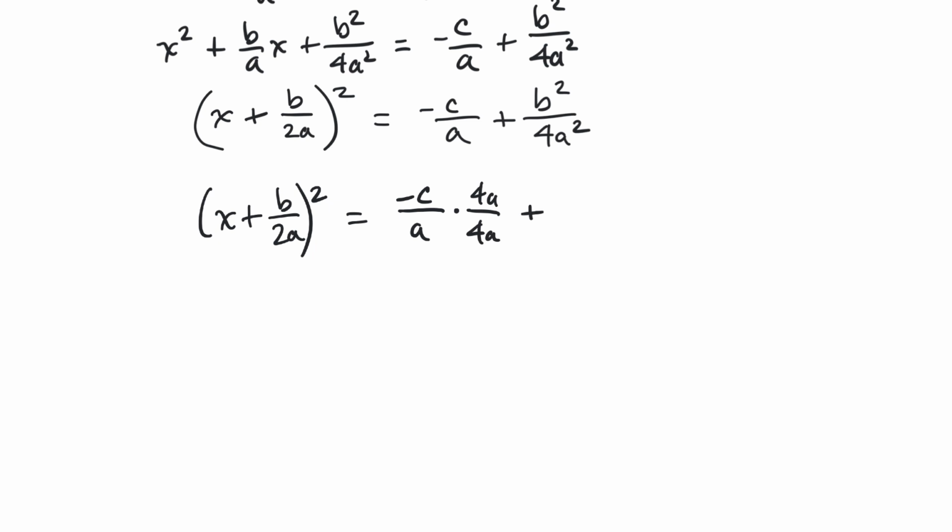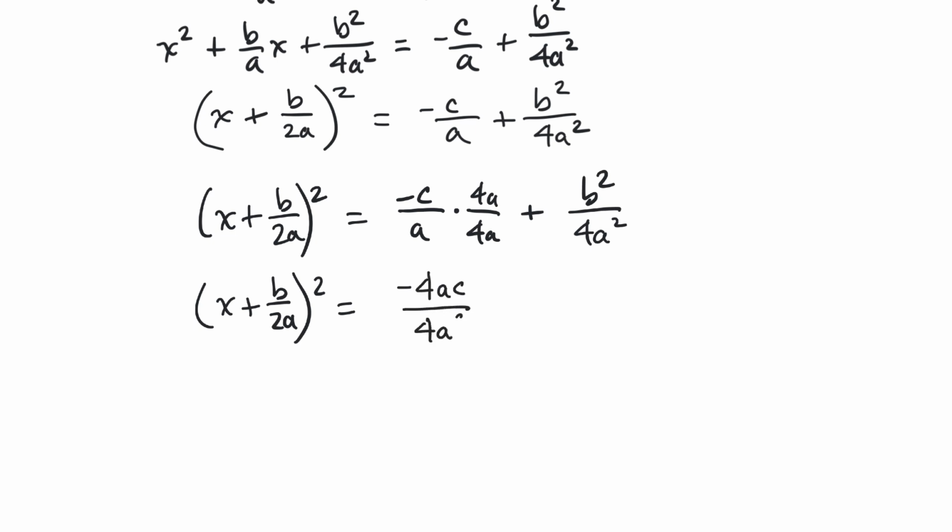So that'll get us a common denominator for negative c over a plus b squared over 4a squared. So that'll give us a common denominator of 4a squared. So we'll rewrite this. And this will become negative 4ac over 4a squared plus b squared over 4a squared.